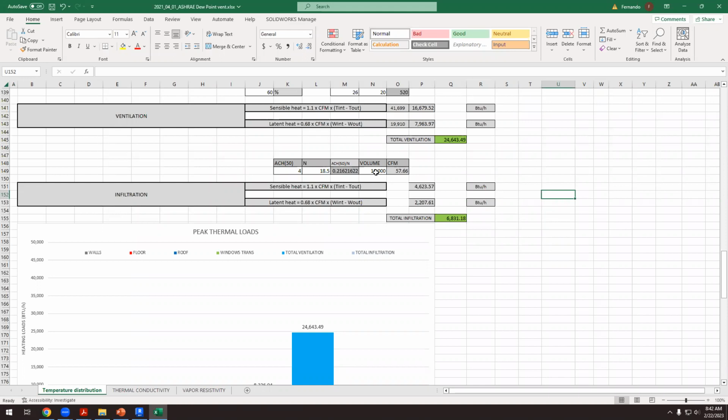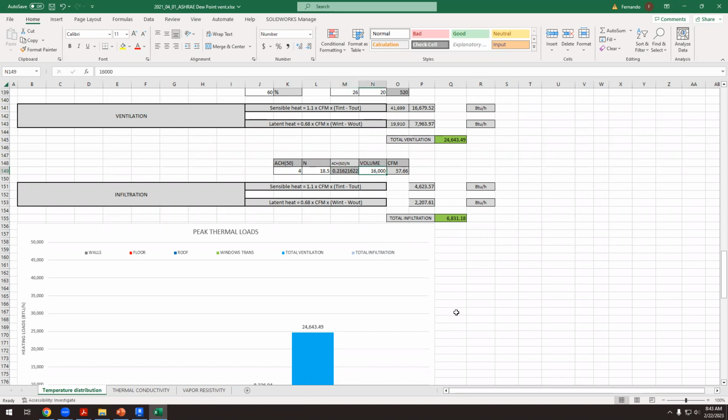In this example, we have 0.21 air changes per hour, because at 50 pascals we have 4 divided by this factor that depends on the building, the exposure to the wind, and the number of floors. So in normal conditions, we will have 0.21 air changes per hour.